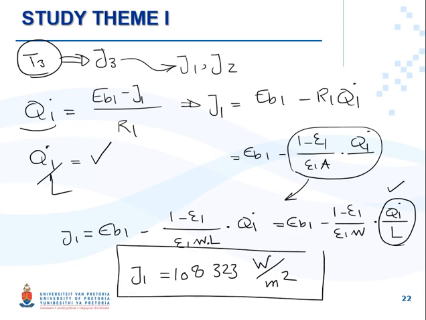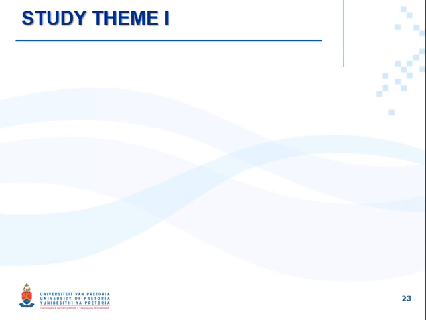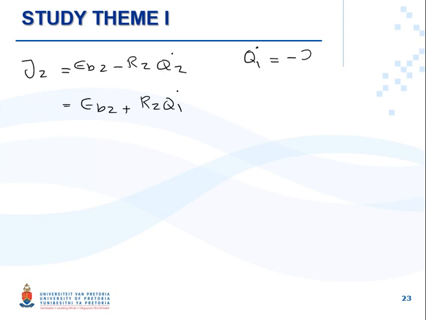Okay, J1 was easy, we calculated it, but now we also need to find J2 in order to calculate J3, and after that, based on J3, we can find the temperature of surface 3. Using the same concept, we can say that J2 is equal to EB2 minus R2 Q dot 2, so EB2 plus R2 Q dot 1. Why? Because we said that Q dot 1 is equal to minus Q dot 2.